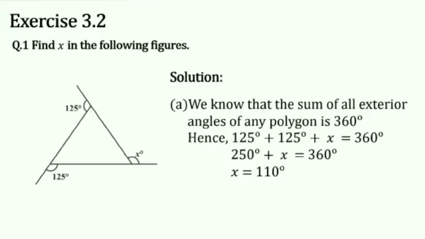Now we know the property of exterior angles, that the sum of all exterior angles of any polygon is 360 degrees. So we are given already two exterior angles, 125 and 125. So let's take the sum of all the angles, that is 125 plus 125 plus x is equal to 360. So the value of x we are getting is 110 degrees.